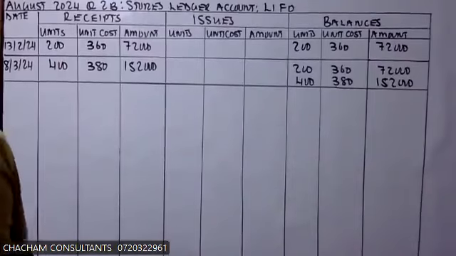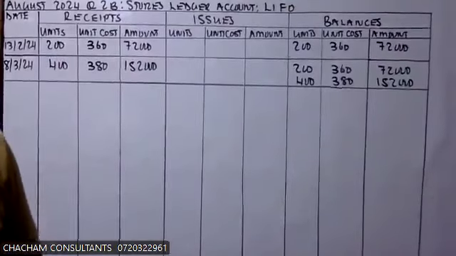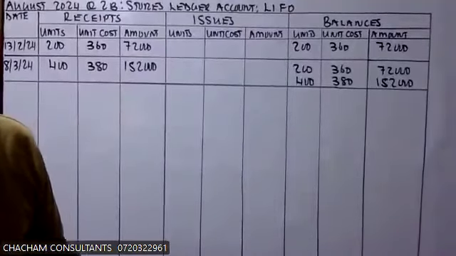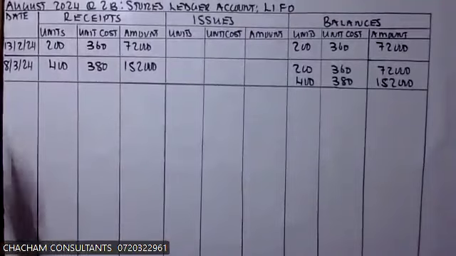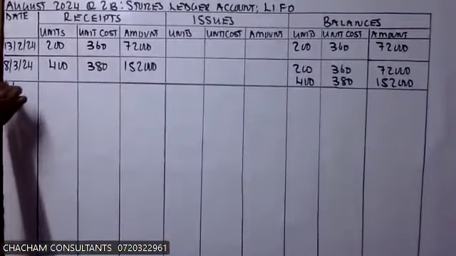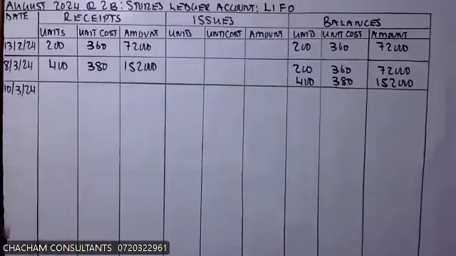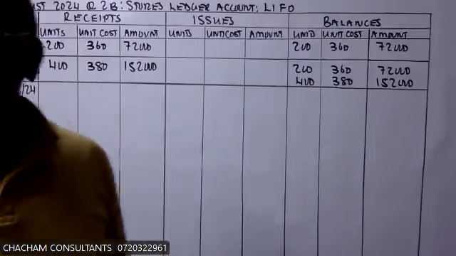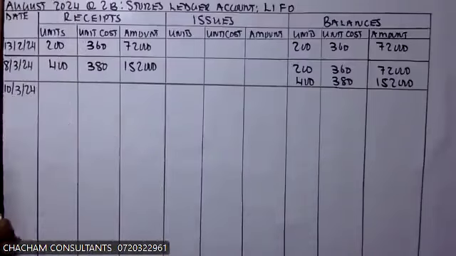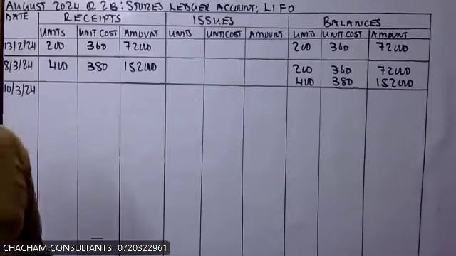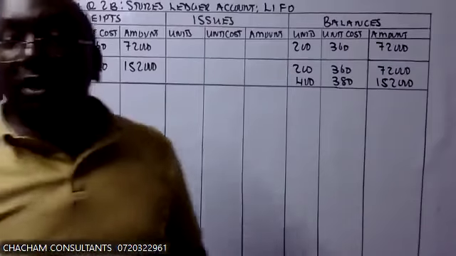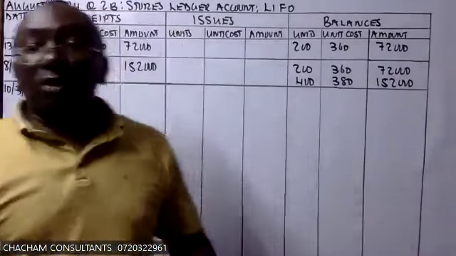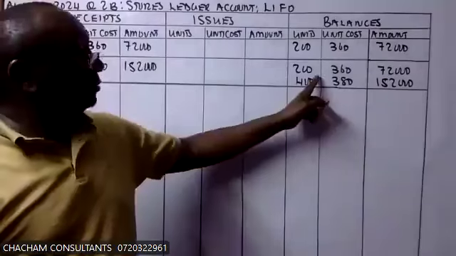The next date is April 11th. But we have March 10th. So 10th of March. Now 10th, we sold 500. So this is what happens. When you issue using last in, first out, you look at the two batches that you have.